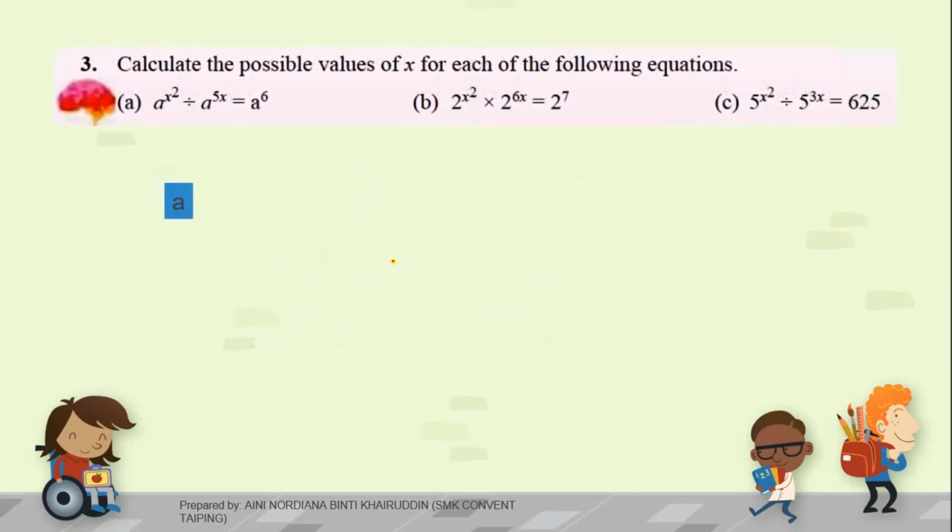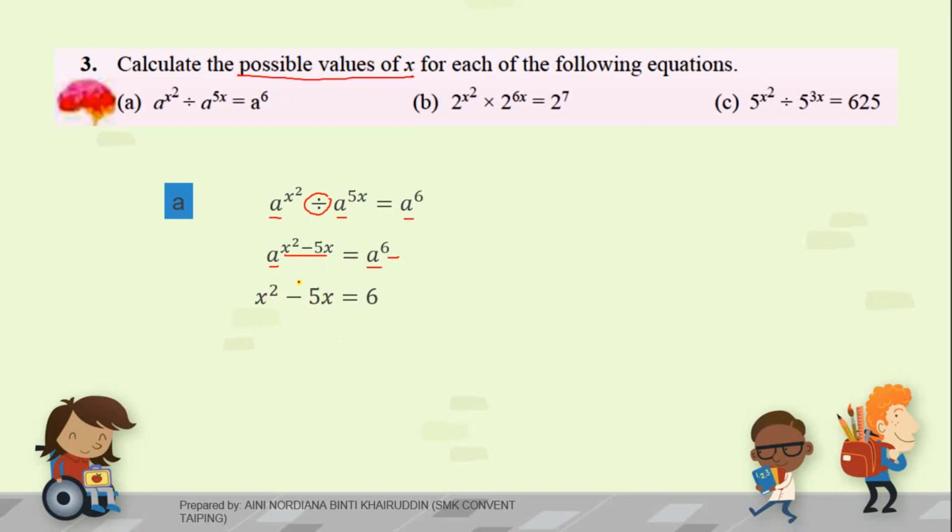So this is question number 3. Calculate the possible values of x. Possible values of x mean the answers are more than one for each of the following equations. Look at equation A. This is the equation. Since all of these are the same base, and this is division, we can minus the index. Since the bases are equal, the index also equal.